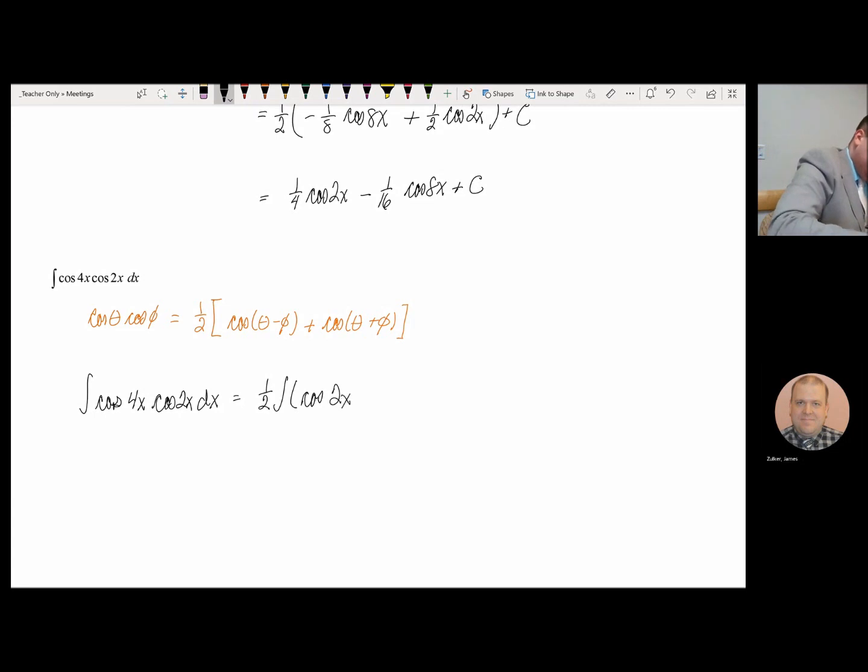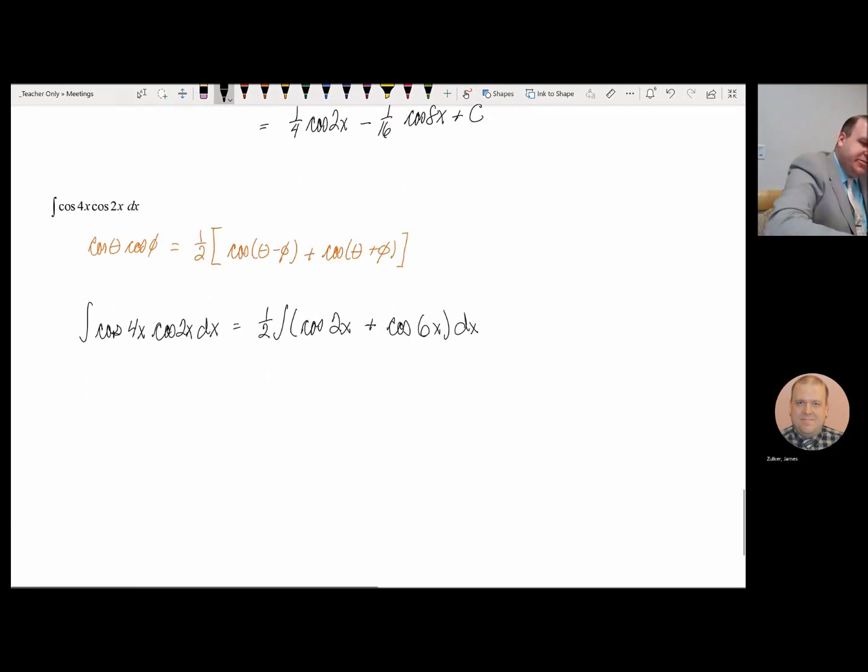Cosine of 4x minus 2x plus cosine of 4x plus 2x. And now it's just a simple antiderivative. 1/2 sine of 2x, right?